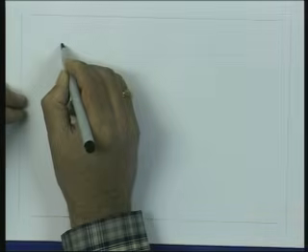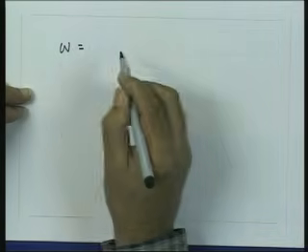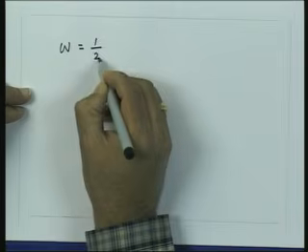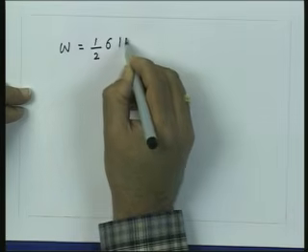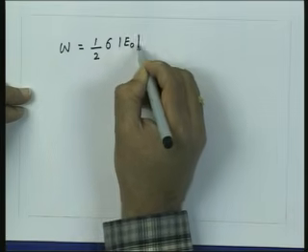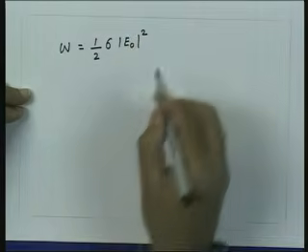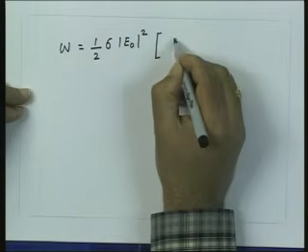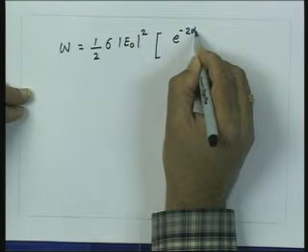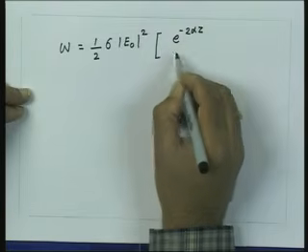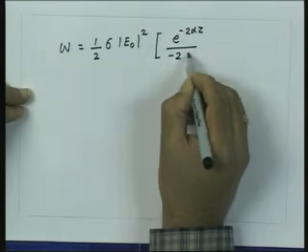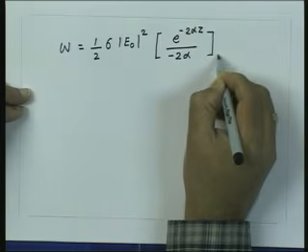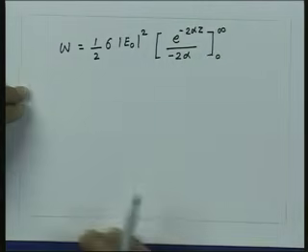So the total power loss we get is half sigma mod E 0 square, e to the power minus 2 alpha z upon minus 2 alpha, from 0 to infinity.